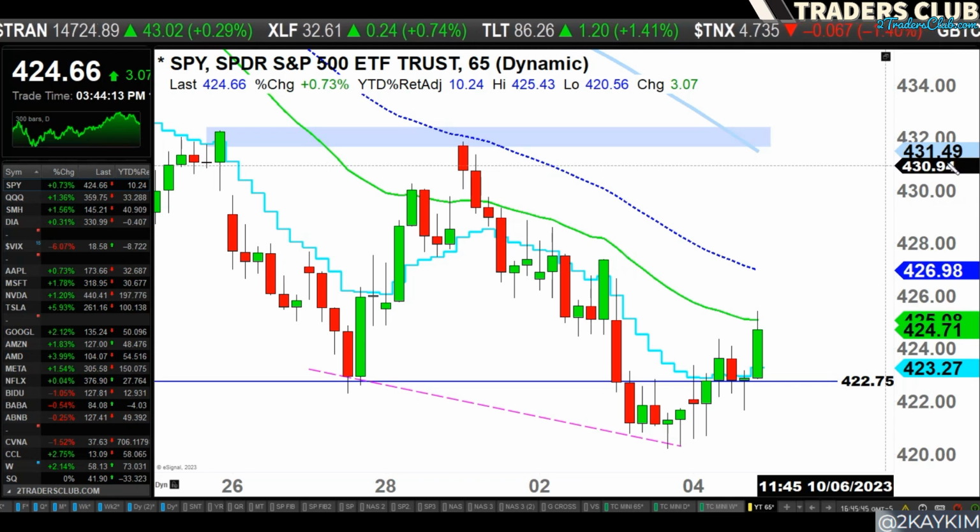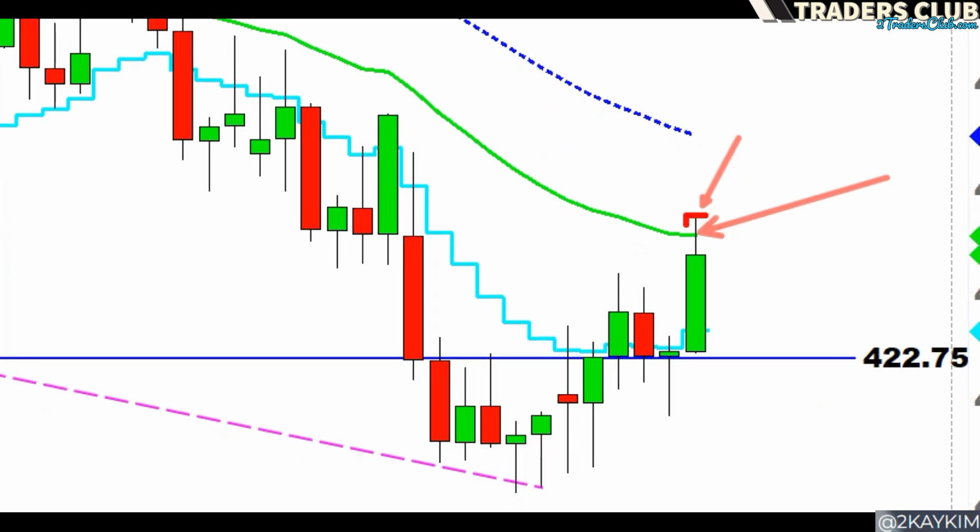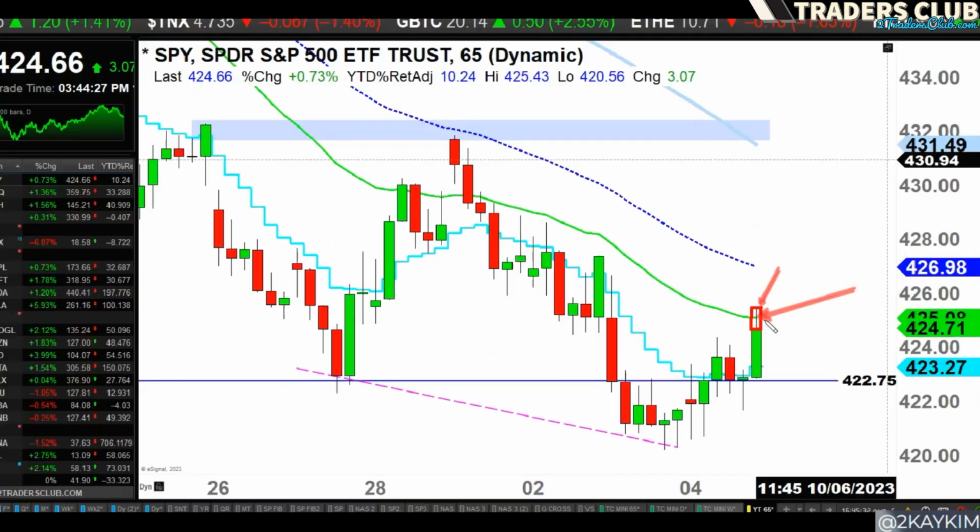And obviously, once we thrusted above the micro term, there's a short-term moving average waiting there. It's not a coincidence or random occurrence that when we saw that pop, with that upper wick, the market is definitely aware of the short-term moving average.